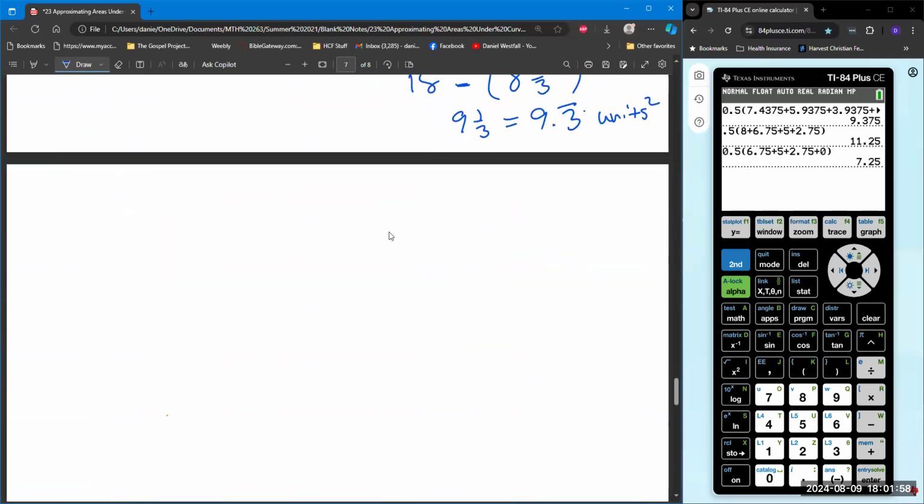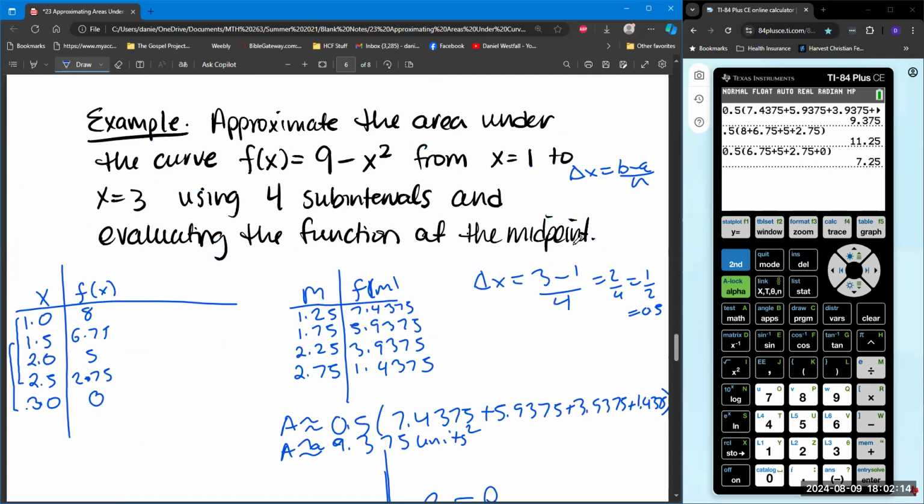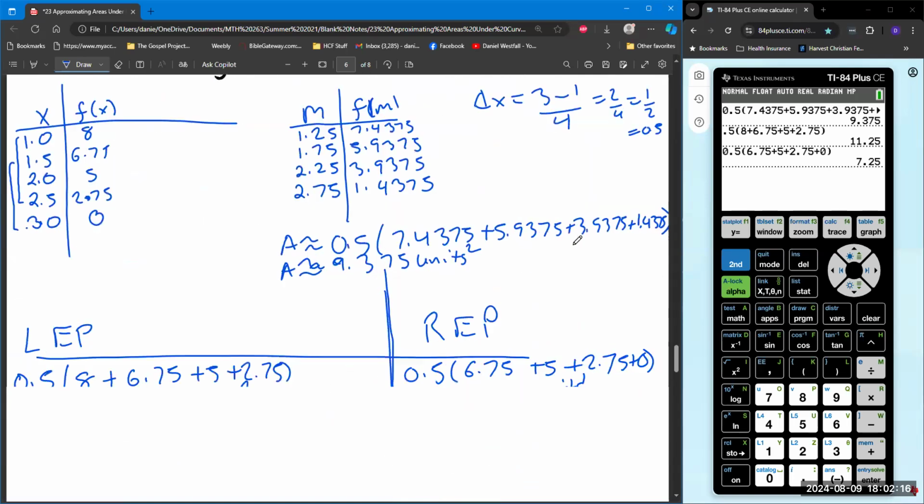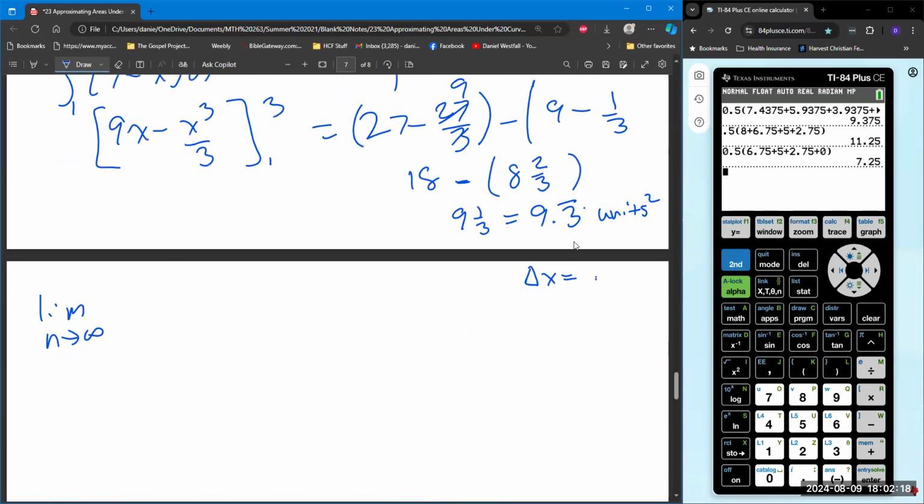So the limit as n goes to infinity of, let's see, we had delta x was b minus a over n, which was 3 minus 1 over n, going to be 2 over n.